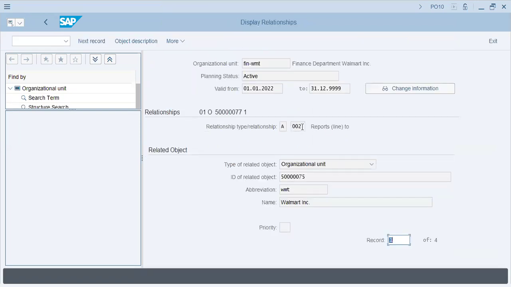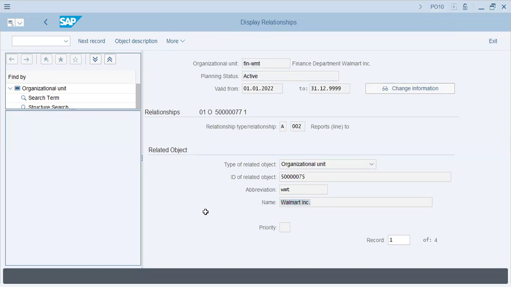And over here, it is not B02, but A02. It reports to Walmart. Okay. Finance department reports to Walmart. Okay. This is how you will set up relationships.